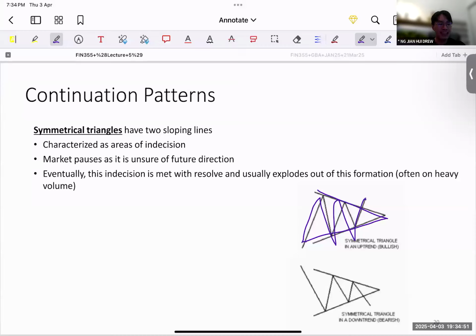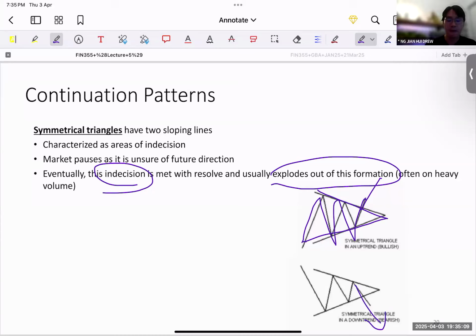This shows an indecision between the buyers and sellers in the market, and eventually there might be an explosion of this trend. It can explode upwards, which is a bullish symmetrical triangle, or it can explode downwards, as you can see here, which is a bearish symmetrical triangle.